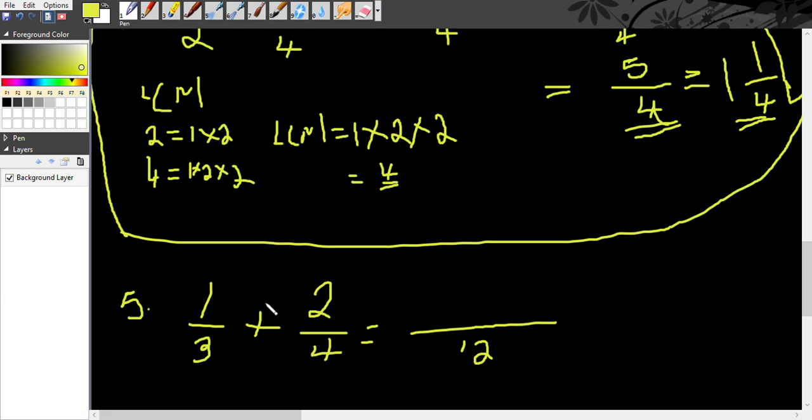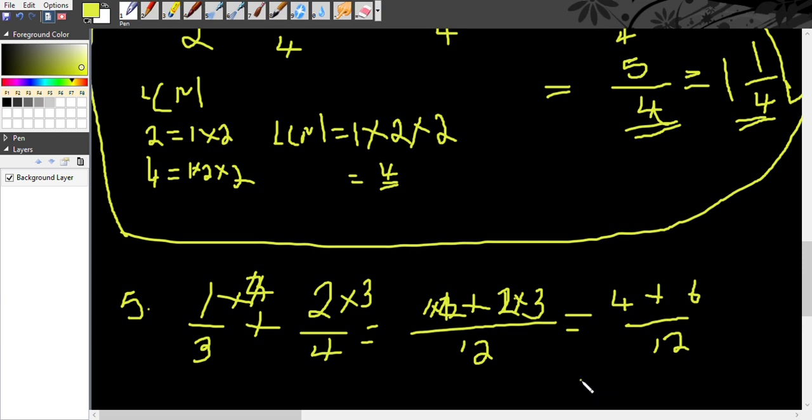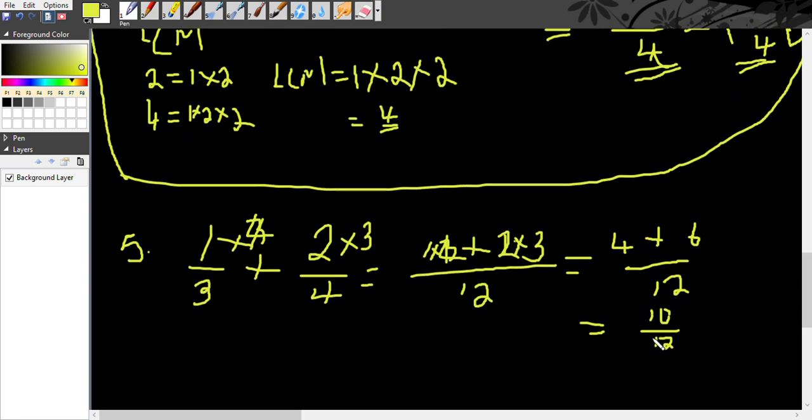So that will become 12 as the denominator. 3 into 12 is 4 times, 1 times 4 gives us 4, plus 4 into 12 is 3 times, 2 times 3 is 6. So 4 plus 6 over 12, that's 10 over 12.